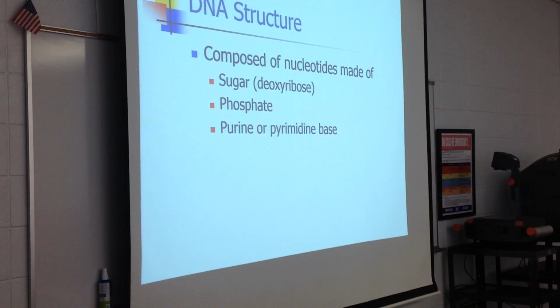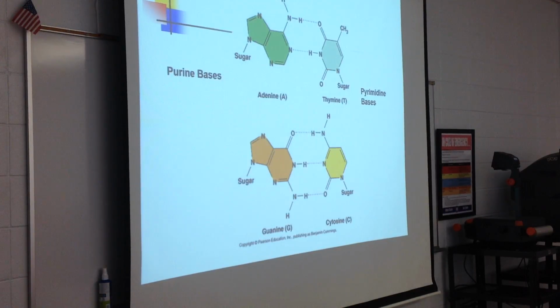Okay? So, here we have the bases and the way they pair up in the molecule. We have adenine and guanine, our purines, and then we have thymine and cytosine, which are the pyrimidines.